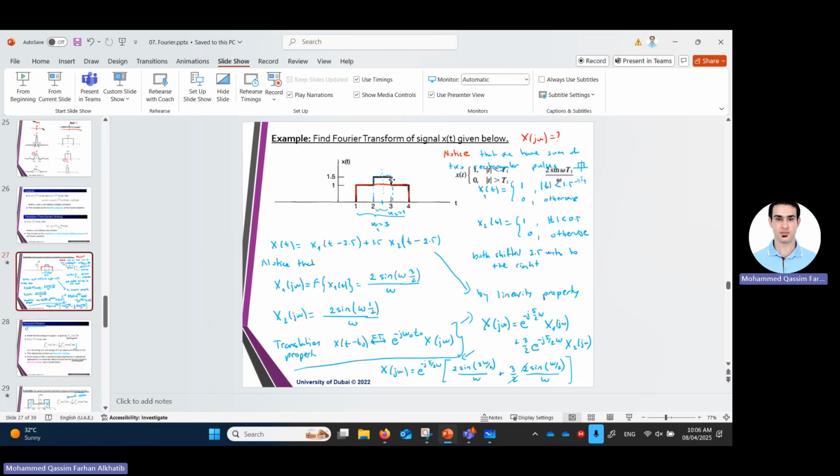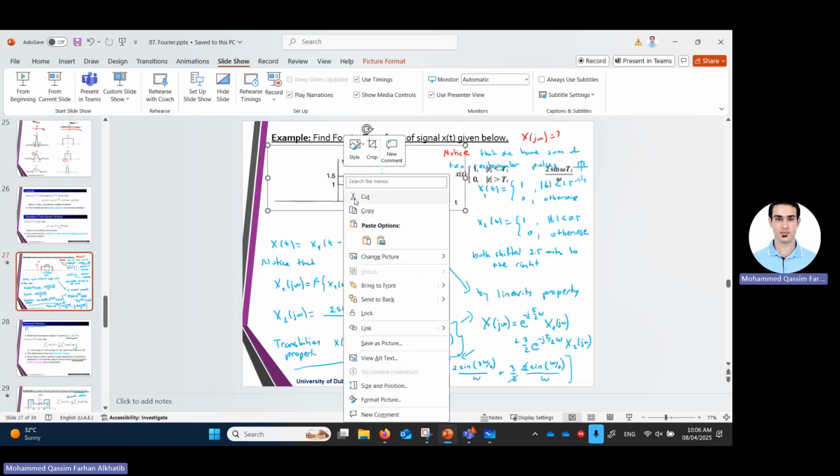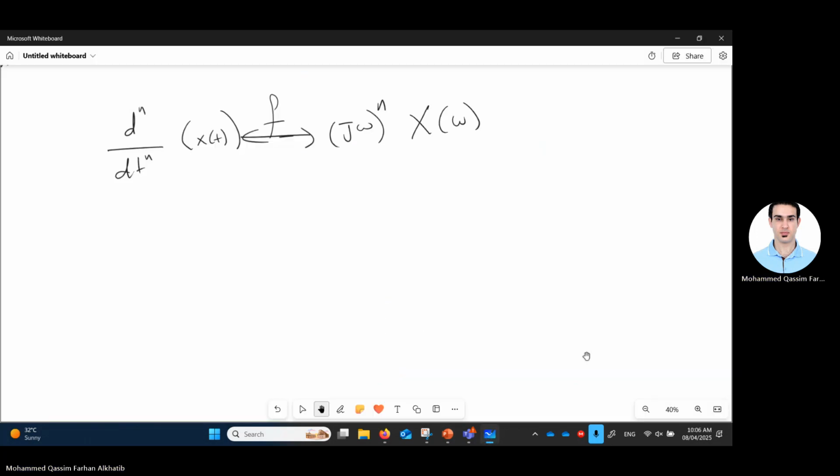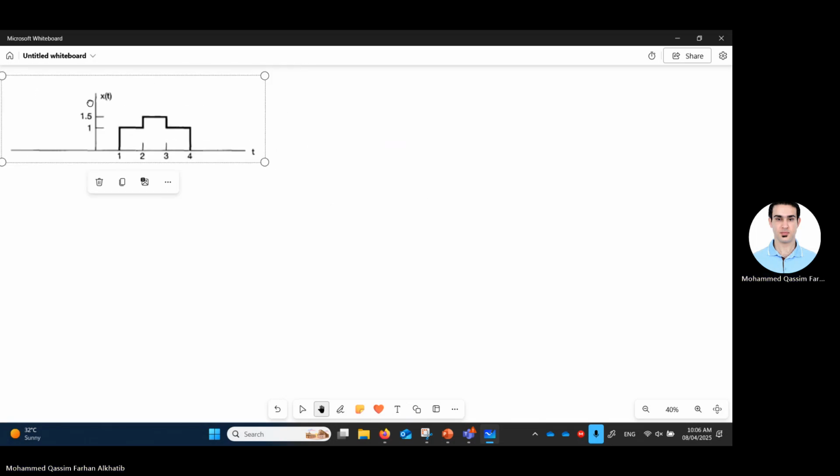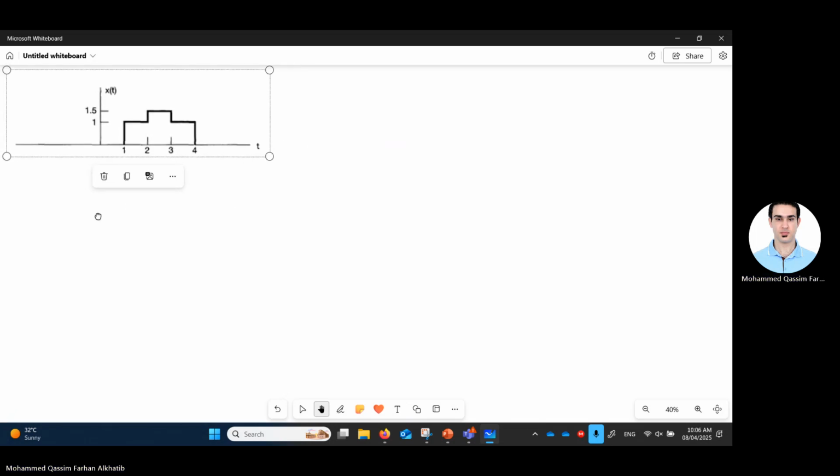Rectangles. You can say that these are rectangles that have been added together. Copy, Control V, paste. So you can say that this is the addition of these two rectangles.